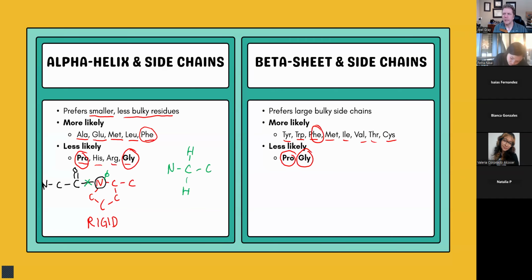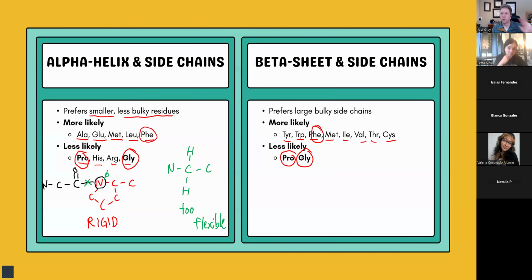So proline and glycine, neither of them like to be in secondary structures, but for opposite reasons. Proline is too rigid, glycine is too flexible. And I'm writing it in this box, but it applies to the beta sheet as well. So if you're thinking, what's he going to assess us on about amino acids and their preferences or likelihood to be found in a particular structure?